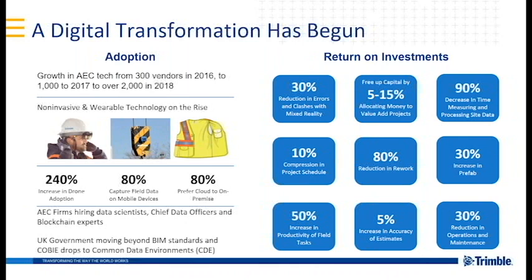People using drones more. Starting to take tablets and mobile devices out into the site to be able to capture that type of thing. And the return on investment, if you get it right, with this stuff is huge. We're seeing people reducing errors and clashes with mixed reality. And some of these numbers here, you know, with prefabrication, it's becoming more and more popular, allowing people to test before they get to site, reducing their cost and reducing their risk.